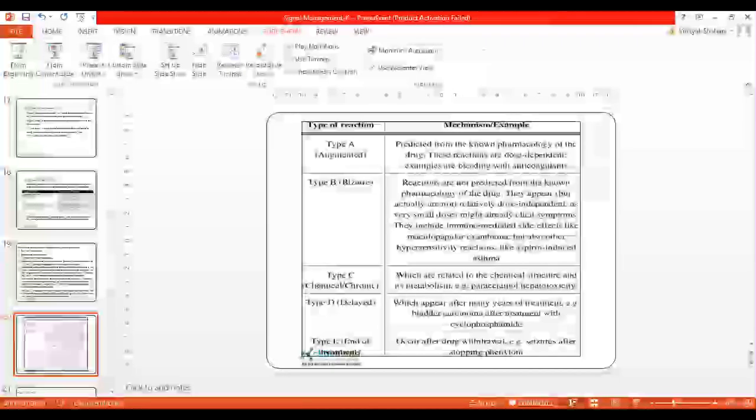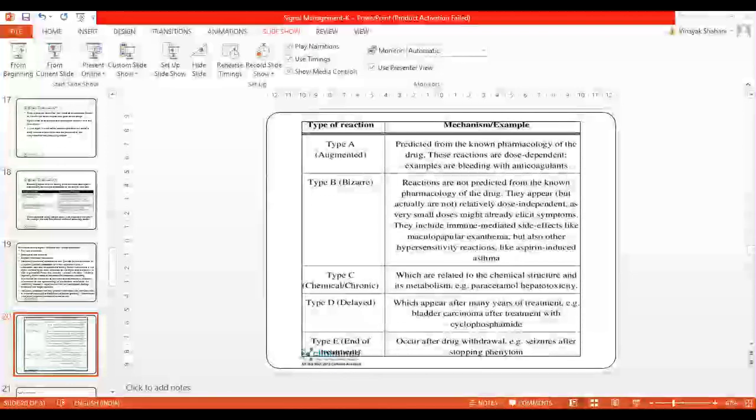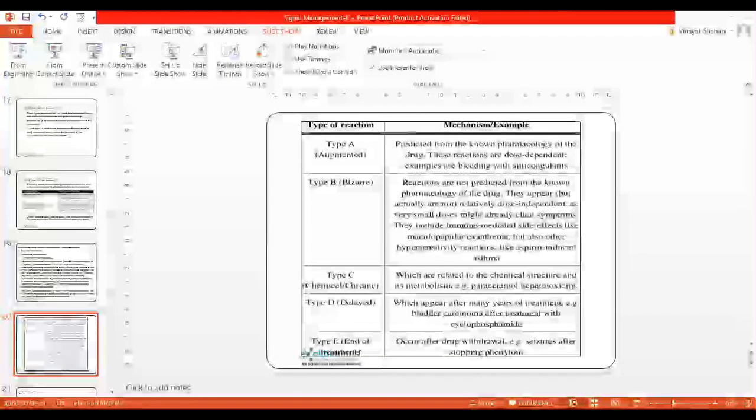So coming to the main point which we were discussing, ICSR review of the event always stays the mainstay of evaluation. These are some of the types of reaction which we usually see. One is the type A reaction, which is augmented, which can be predicted from the known pharmacology of the drug, and these reactions are dose dependent.